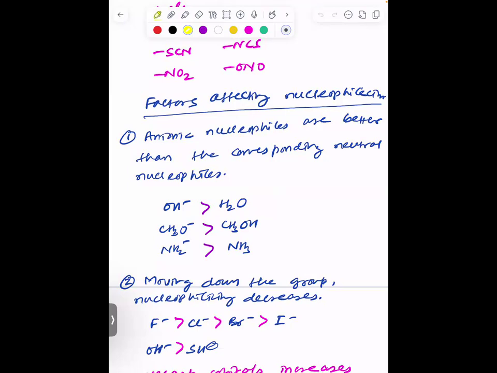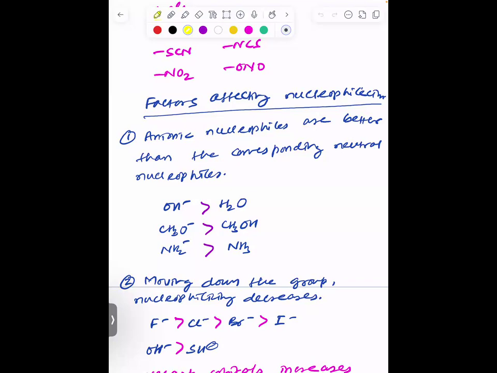The more the availability of negative charge, the more is the nucleophilicity. Nucleophilicity depends on the availability of the negative charge. First, we compare a neutral nucleophile and the corresponding anionic nucleophile, for example OH minus and H2O.